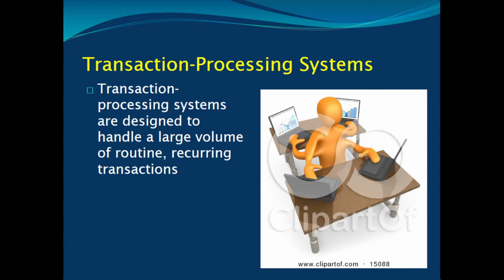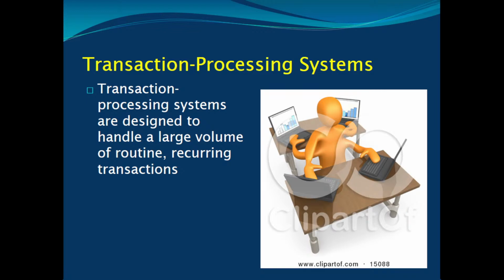Transaction processing systems are designed to handle a large volume of routine, recurring transactions. They were first introduced with the advent of mainframe computers. Transaction processing systems are used widely today.